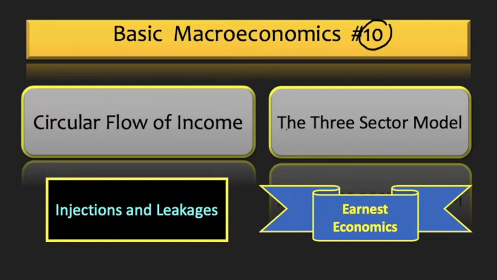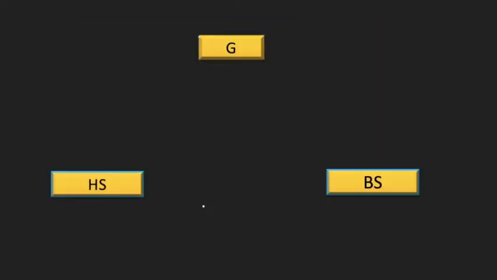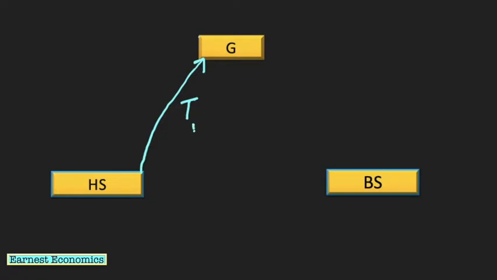We studied the three sector model in the circular flow of income, and today we are going to study the system of injections and leakages in a three sector model. Now we have already studied that the household sector pays taxes to the government, mostly direct taxes, and obviously this becomes a source of revenue for the government.